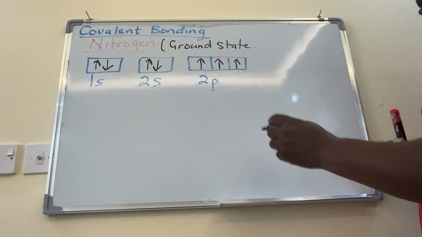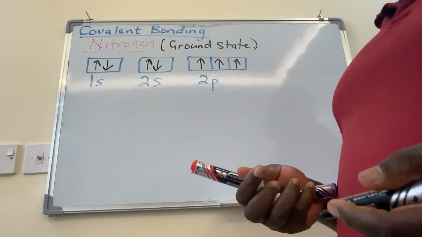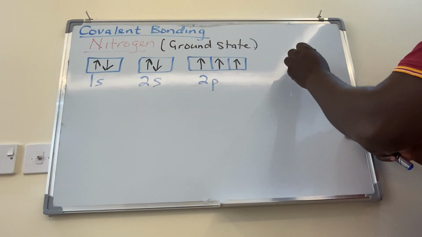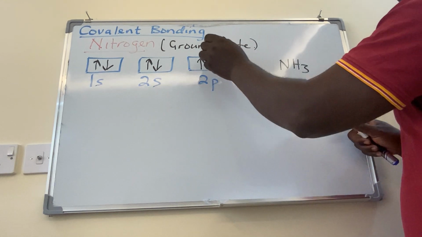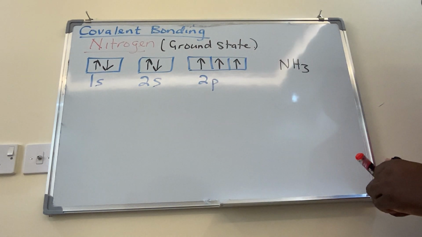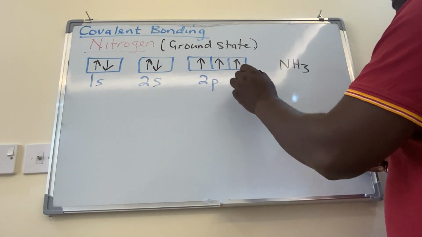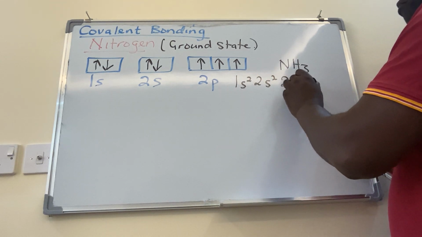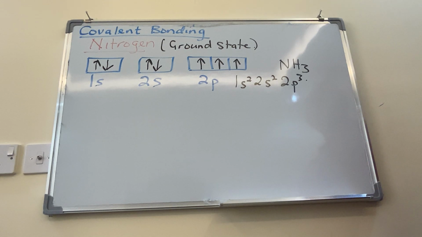Nitrogen in its ground state can form 3 covalent bonds, so we can have NH3, because we have 3 unpaired electrons. The electronic configuration is 1s2, 2s2, 2p3.